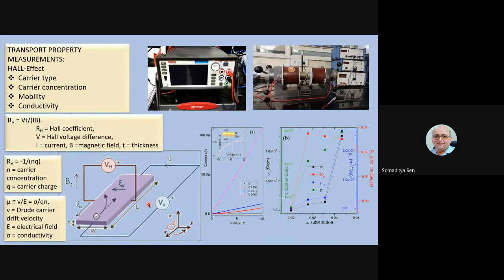When I talk of carriers, I can immediately land up at electrons and holes, and that is what generally we see. But there are other materials where ionic transport also takes place, in ionic glasses and other things. People have tried to do Hall effect on those things. Hall effect, by the way, I hope you know by this time, is a very effective way of determining carrier type, carrier concentration, mobility, and the conductivity.